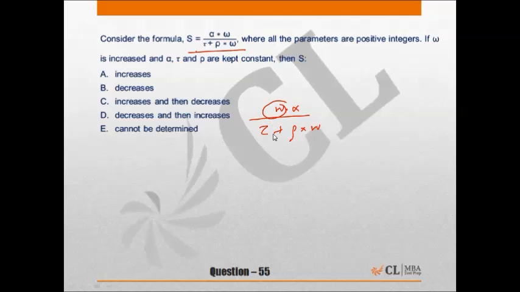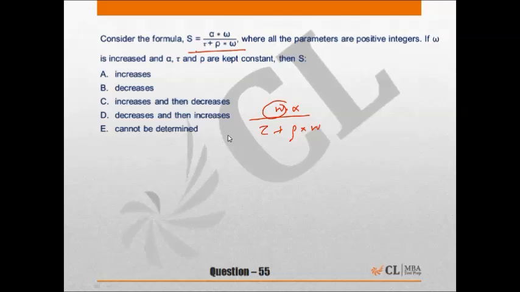And we can check it through a couple of methods. First one is by taking numerical values of the given parameters, and the second method is to check the actual factor of multiplication in numerator and denominator.